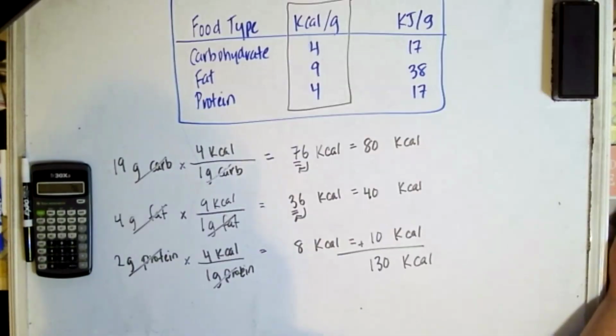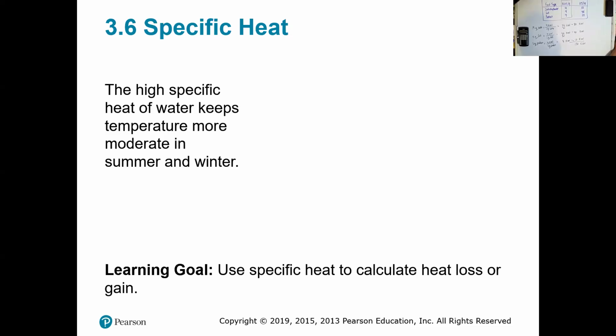Let's look at other ways to calculate heat, heat transfer in general. There is a property of substances called specific heat that is intrinsic to substances, meaning it's a part of them.